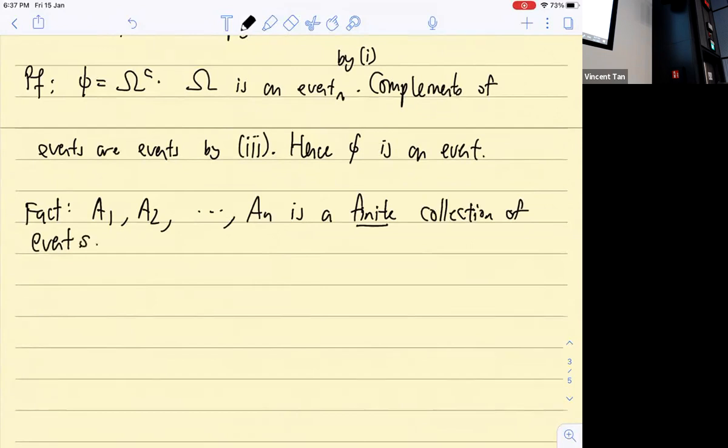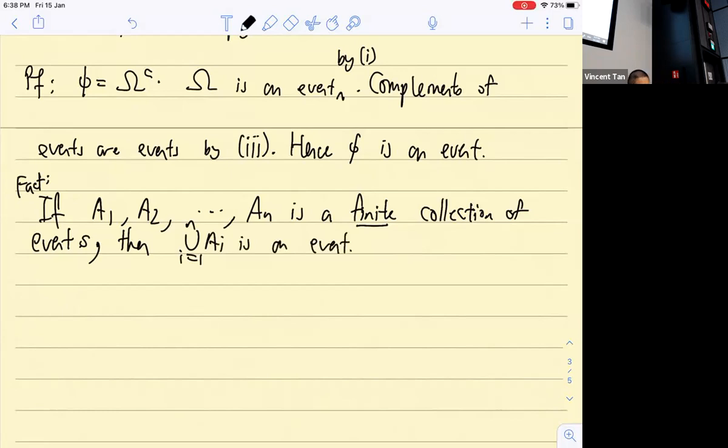Okay, this is the background statement. Sorry, I'm being very illogical here. Here's the fact that we are going to prove. If A1 to AN is a finite collection of events, then their finite union is an event.